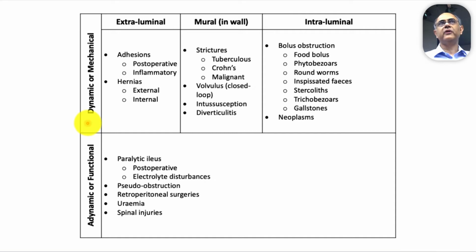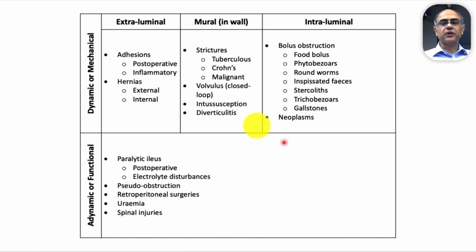There is inflammatory response, and later on they produce adhesions. So adhesion is a very common cause, and mostly the small bowel is more susceptible to the adhesions rather than large bowel. Then comes the commonest thing, the hernias, inguinal hernias, umbilical hernias. When the intestine protrudes into these orifices, they can get obstructed.